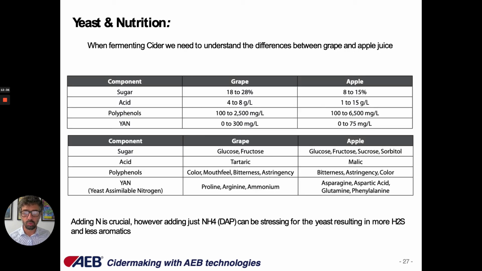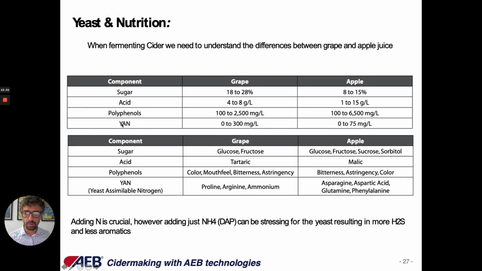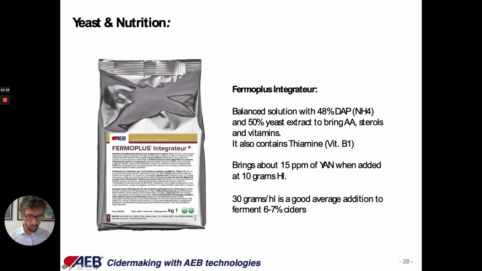What's the difference between adding the Fruity or the Integrator? With the Integrator, we're adding also a lot of NH4, which is the ammonium phosphate, which ultimately will boost this number, the yeast available nitrogen, more. So it will bring it to a level that is comfortable for the yeast to finish a good fermentation.